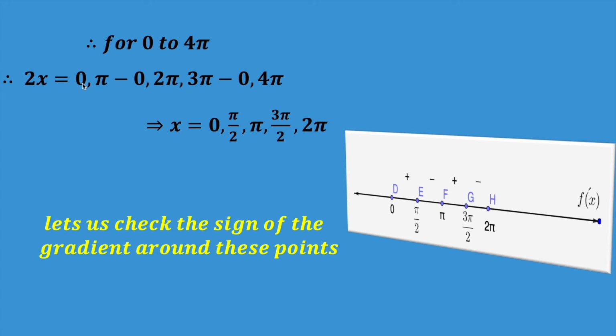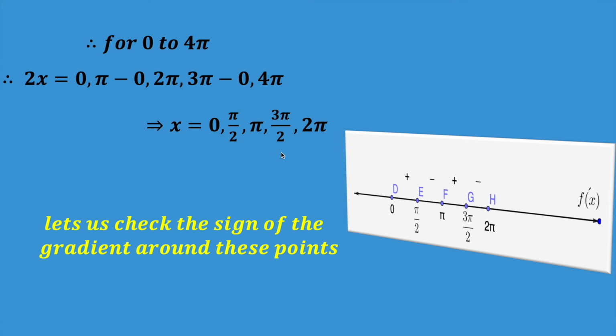So first x is equal to 0, or in the second quadrant pi minus 0, so sin pi is 0. Similarly at 2 pi, then the second quadrant, 3 pi minus 0, and then at 4 pi. Then we calculate the value of x. So x is equal to 0, pi by 2, pi, 3 pi by 2, and 2 pi, where the gradient is 0.